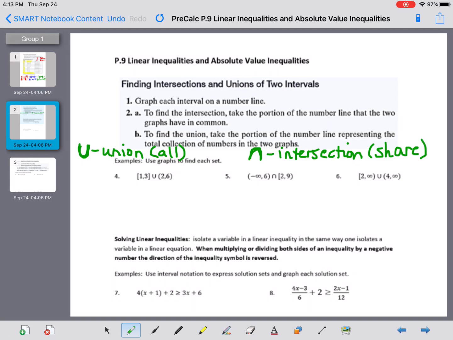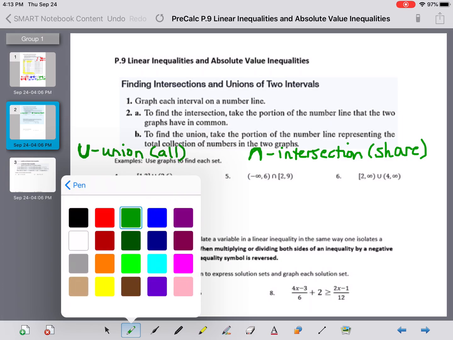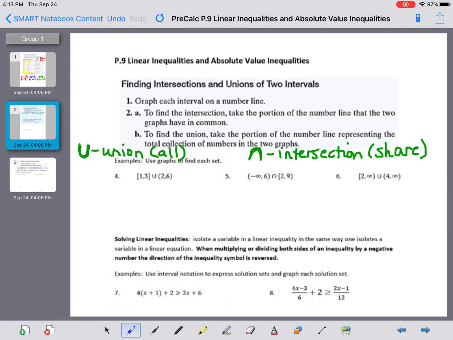So one of the best ways to start these problems is to start with a number line. So I'm going to draw myself a number line here, and notice this time I have 2 intervals. Looks like I'm using numbers between 1 and 6, so 1, 2, 3, 4, 5, 6.